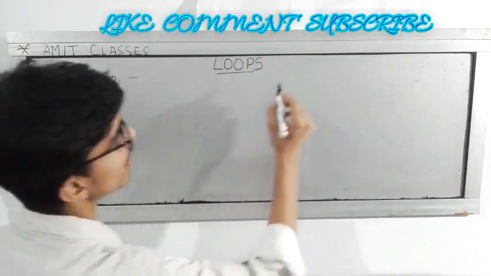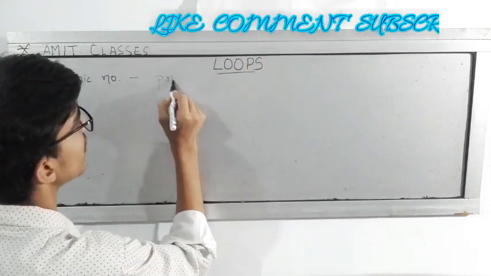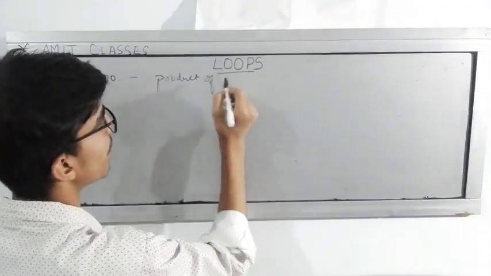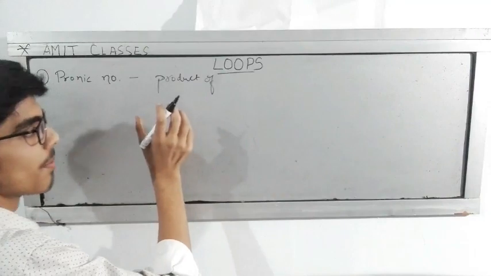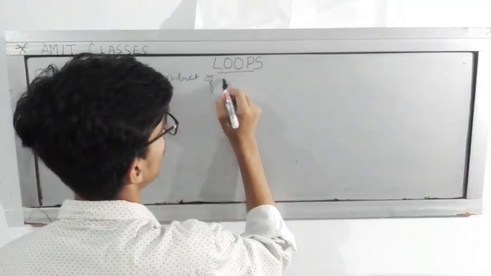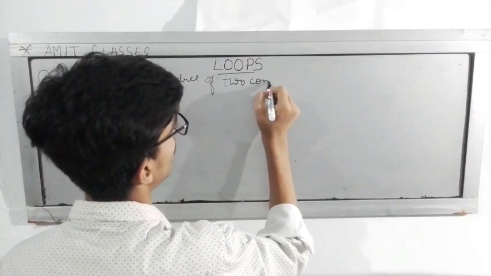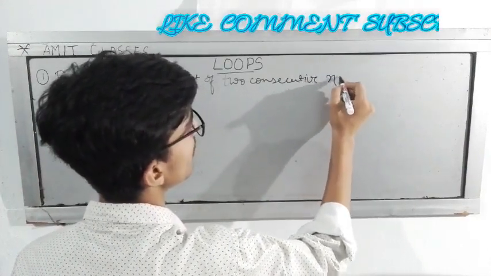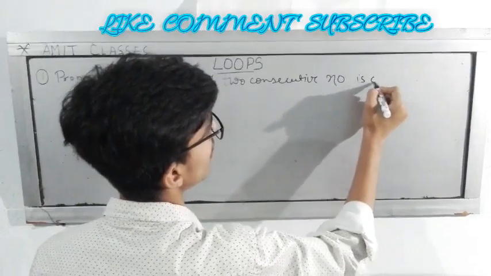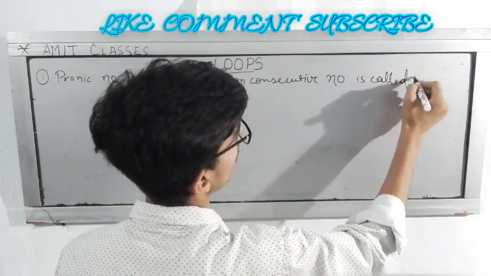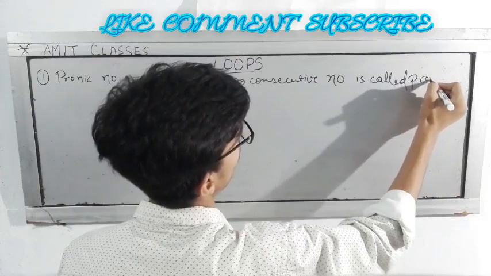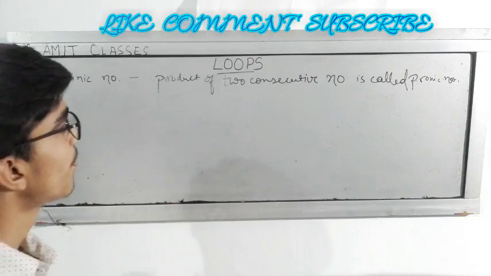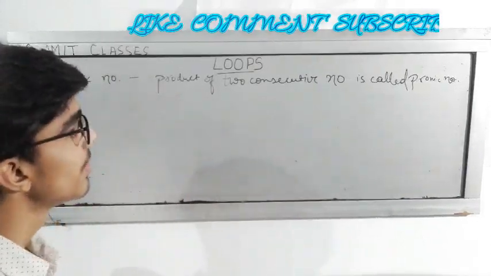If the product of two consecutive numbers is given, it is called a Pronic number. Now, product of two consecutive numbers means what?